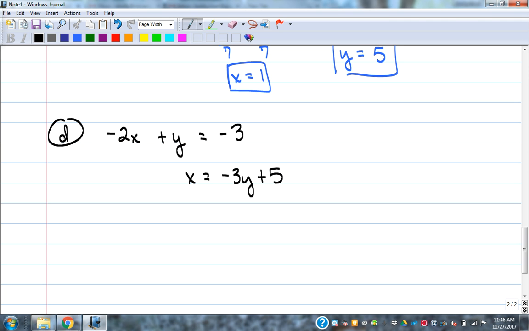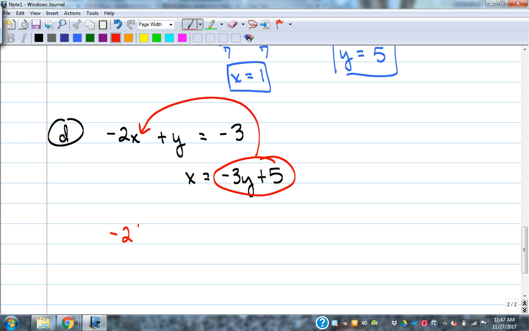This one, we've got one equation that has x and y on the same side, and another equation that has x by itself. What can we use to substitute with? Yeah, the negative 3y plus 5. I can take that part and substitute it for x in the other equation.